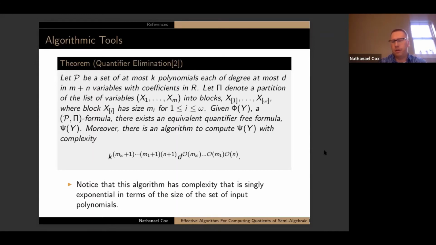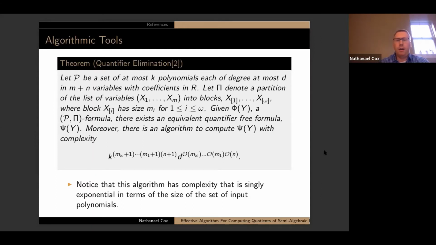The quantifiers for our formulas are there exists and for all. If you have a formula phi of y that has quantifiers, then you can generate an equivalent quantifier-free formula psi of y. By equivalent, we mean that their realizations, the sets of solutions, are the same. It's just that one formula has quantifiers and one does not.